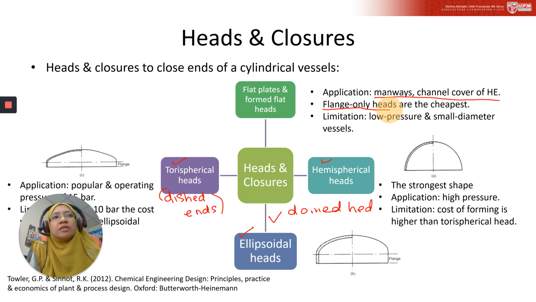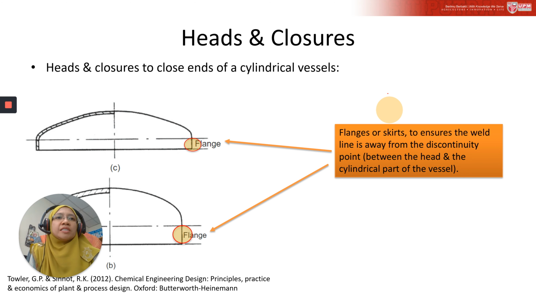When I say flange, a flange is this area. The flange edge is basically a straight plane, to ensure the weld line is away from the discontinuity point between the head and the cylinder part of the vessel.